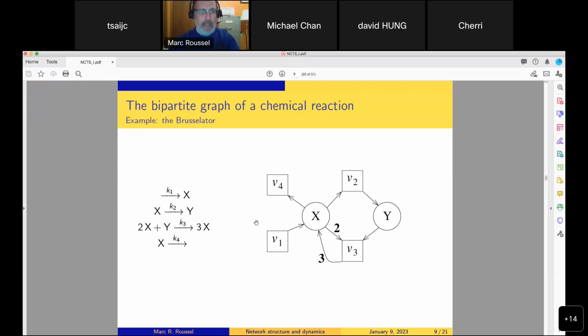And if you have a reaction like reaction 3 that has two reactants, you'll get arrows from both reactants and then an arrow back to the product. If there are stoichiometric coefficients that are different from 1, we write them down as weights on the edges. And so there's a simple one-to-one correspondence between bipartite graphs and reaction mechanisms of the style that chemists or biochemists would be used to.